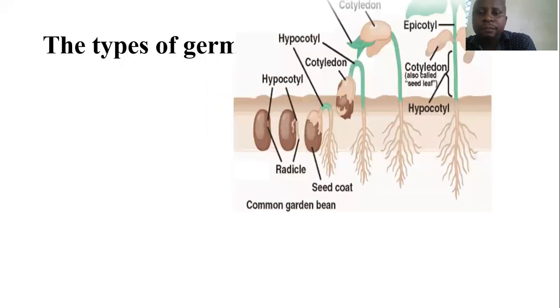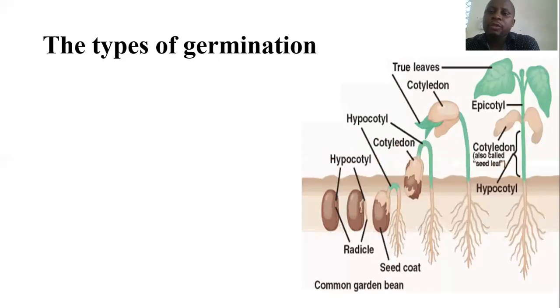For instance, in this type of germination here, what do we call this type of germination observed down here? Yes? Here, you'll be able to see that if you have the ground level, the cotyledons have come outside the ground.